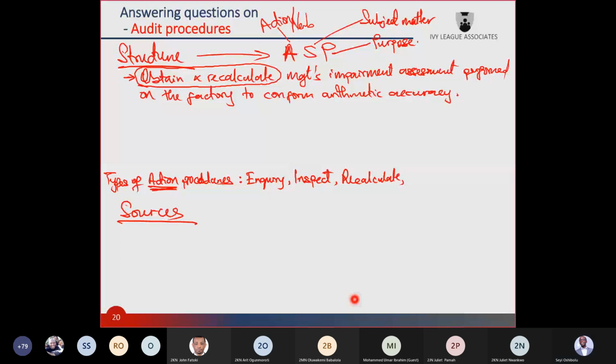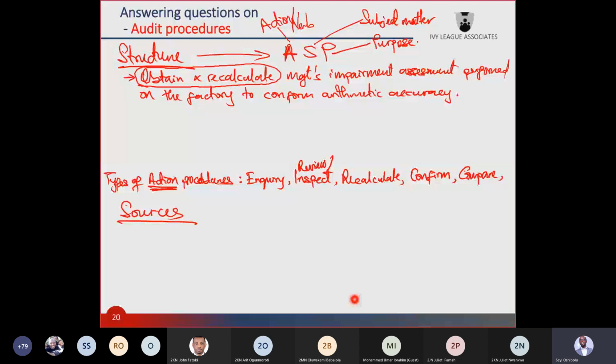Okay? So you can say review, you can say inspect. You can say confirm, confirmation. You can compare.